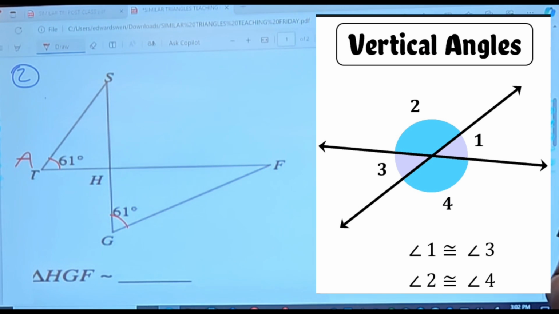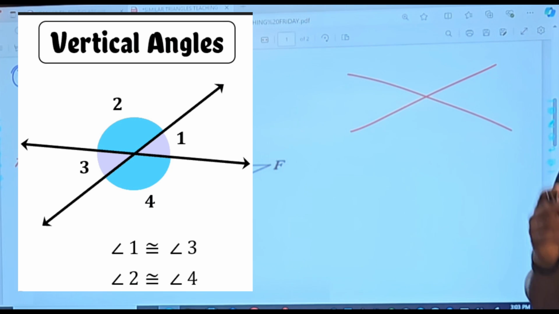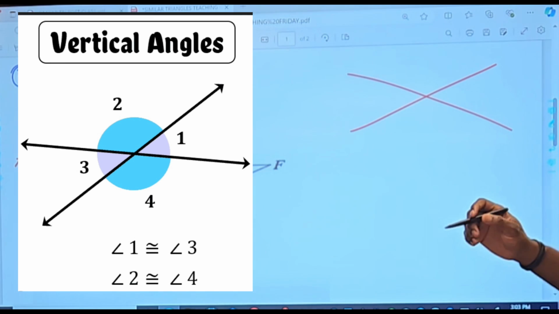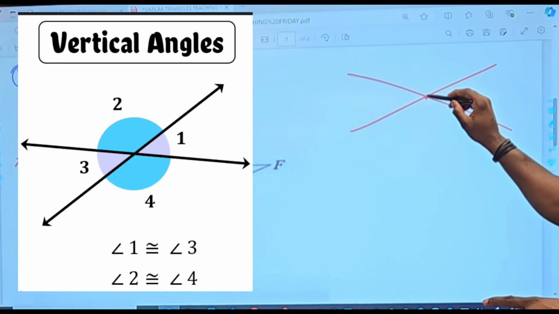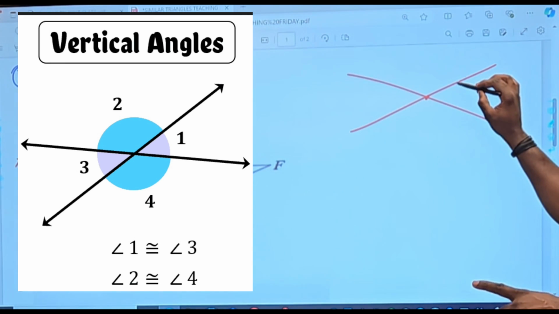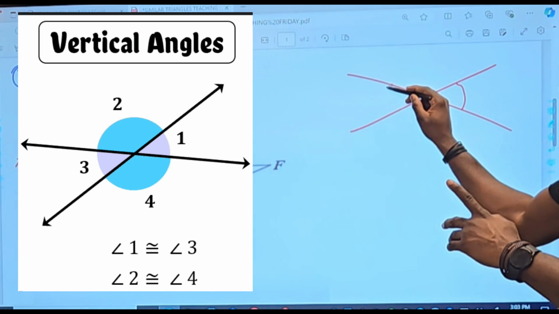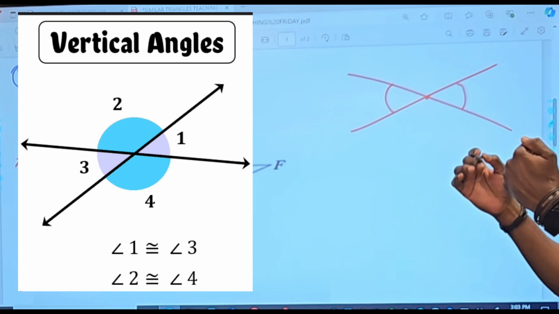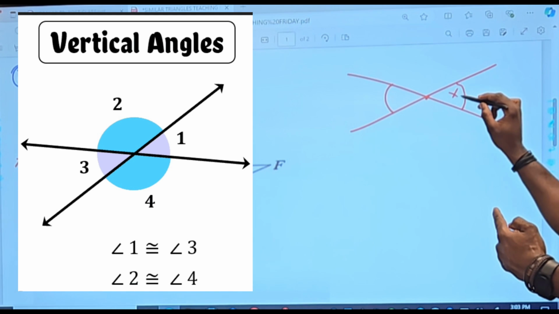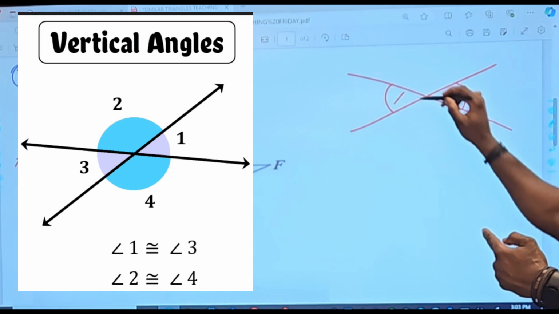It's called vertically opposite or vertical angles. Anybody heard that before? Vertical angles are congruent. So as long as two lines cross, this happens. This is where they cross. This angle that opens to the right is congruent to the one that opens to the left. Which means if this is x degrees, this is also x degrees.